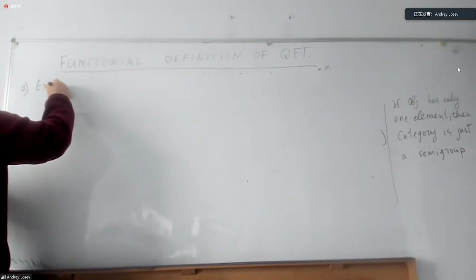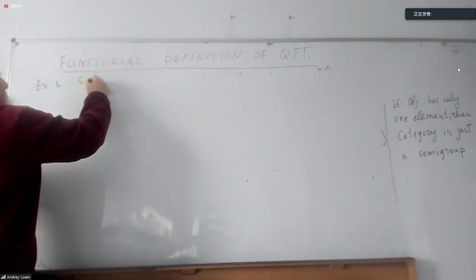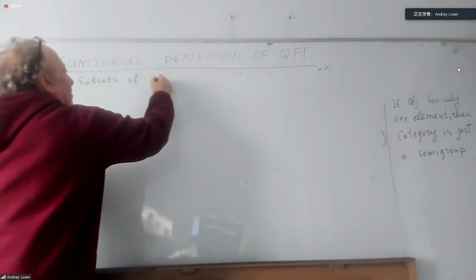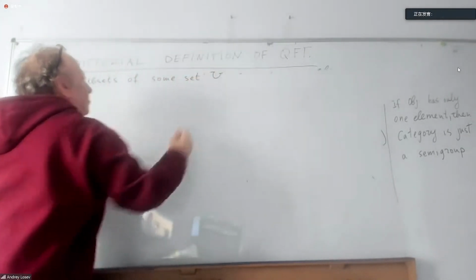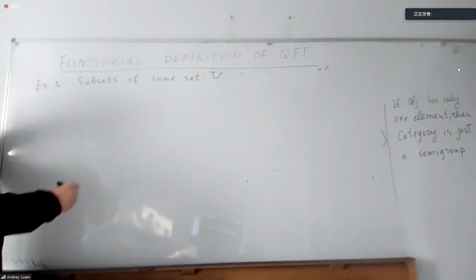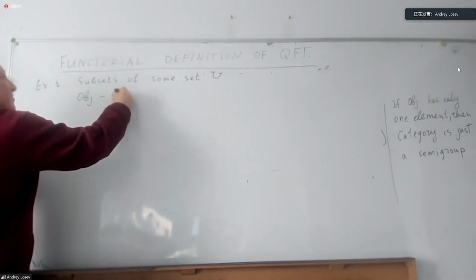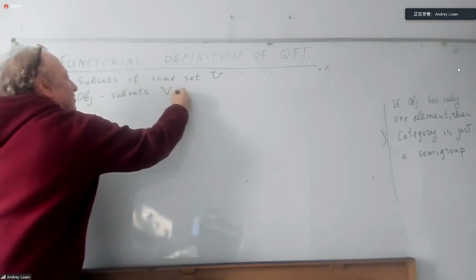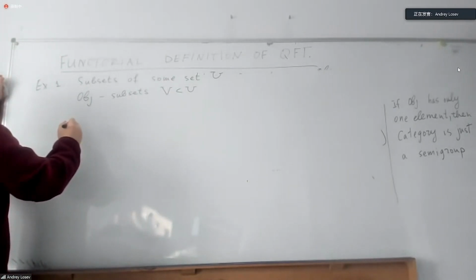Example number 1: subsets of some set U. So objects are subsets V inside U. What is the morphism?